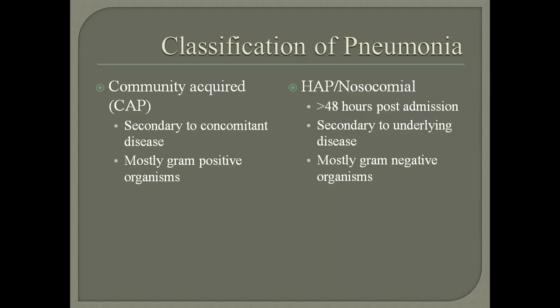There are several different ways. One is community-acquired pneumonia, and this is generally secondary to some other disease. Most of these organisms are gram-positive, but this is where community-acquired, somebody gets a cold, they go around to others, like a retirement center or senior centers or daycares.